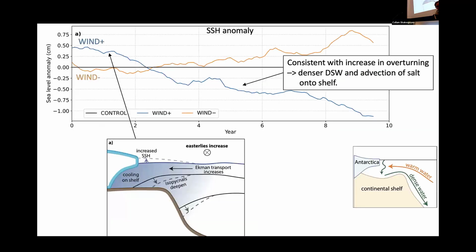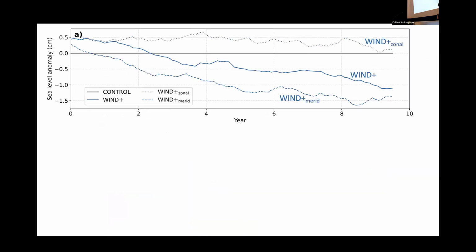Okay, so just to remind you, this is what we saw before. As we increase the winds, we get this increase in sea level initially due to this fast Ekman response, and this slow sea level decrease over the long time scale due to our overturning increase.